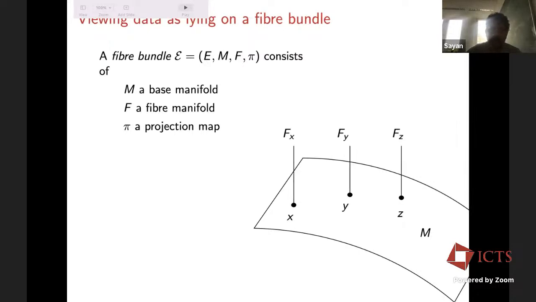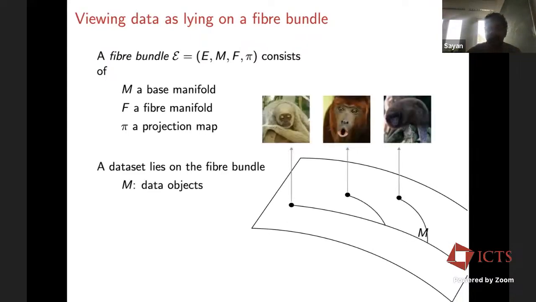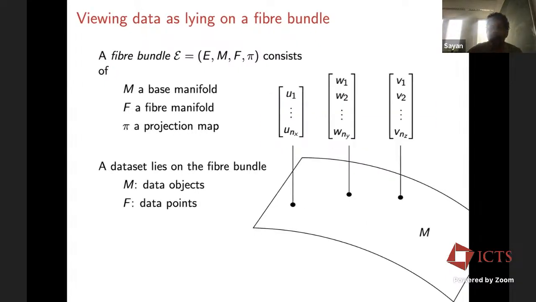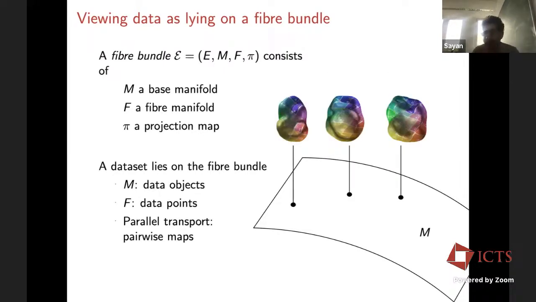And the way you get back from the fiber to the base manifold is through projection. These fibers, I'm here showing you examples of monkeys, are really vectors. They can be thought of, for example, as molars. They can also be thought of as examples of tumors as they are evolving.